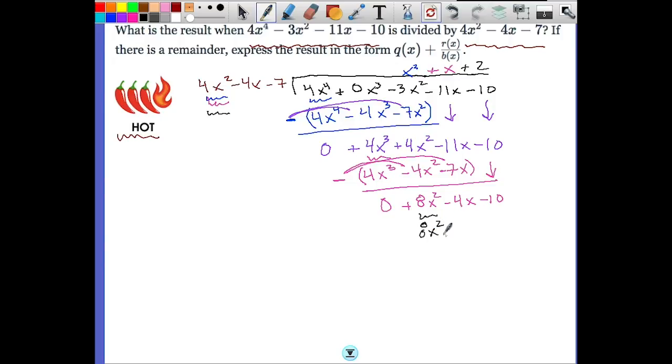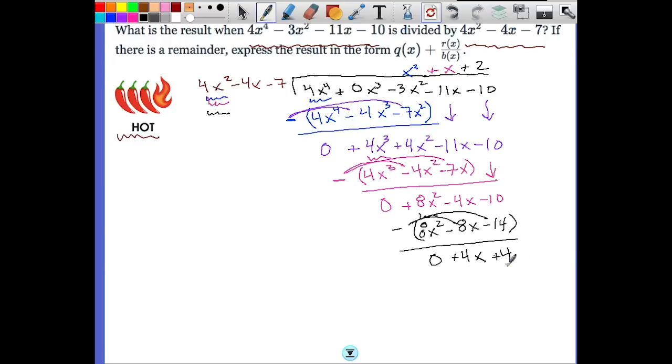I'm going to multiply the 2 and my whole divisor here. I'll put some parentheses around it. I'm going to subtract. This is 0. We got this double negative. I do like kind of making these arrows so I don't forget. So this is a positive 4x, and this is a positive 4.